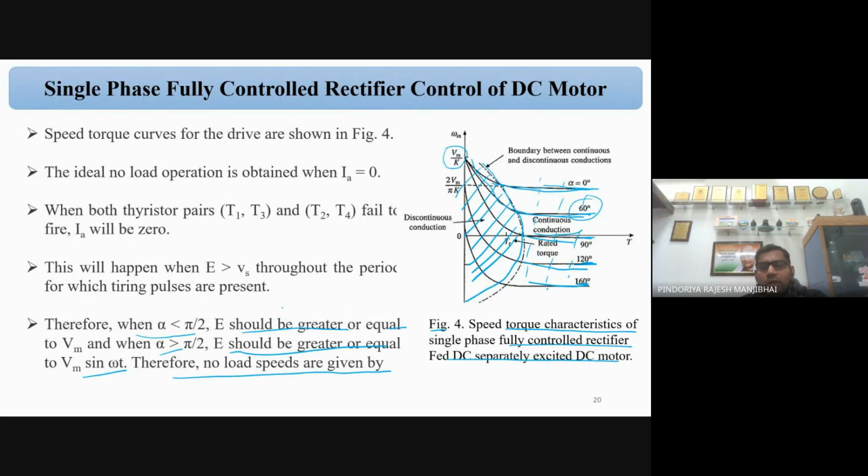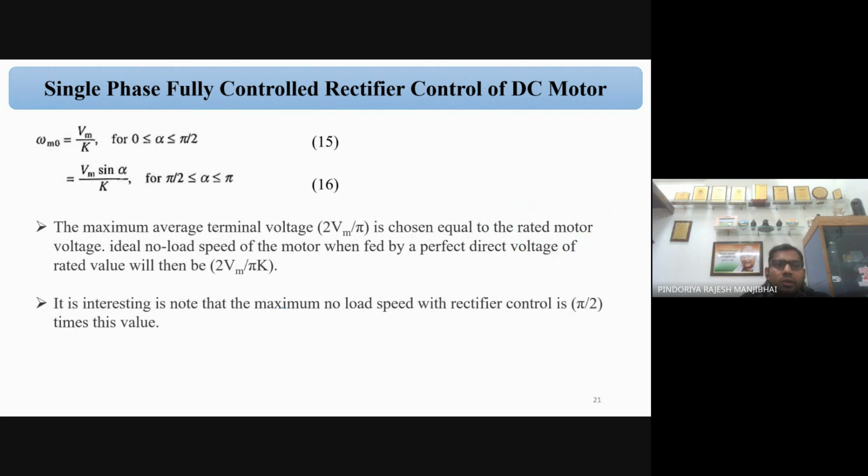The no load speed is omega m0 equal to Vm by k for 0 to pi by 2, the half cycle. Otherwise it is Vm sin alpha divided by k for pi by 2 to pi. These are equations number 15 and 16. So that is the no load speed.